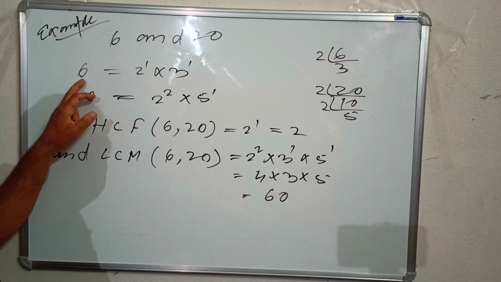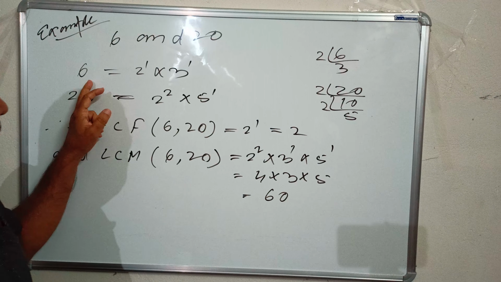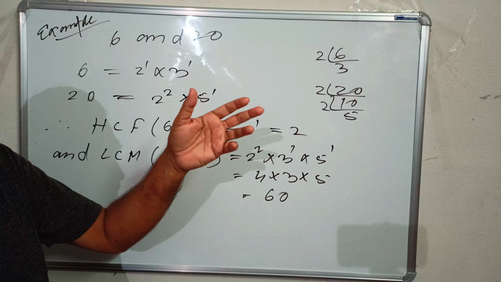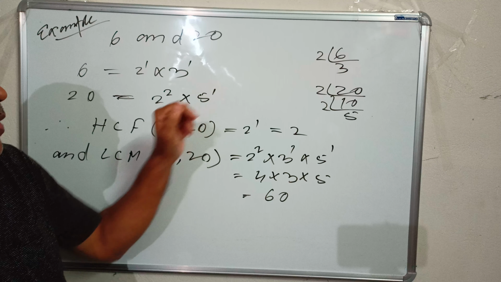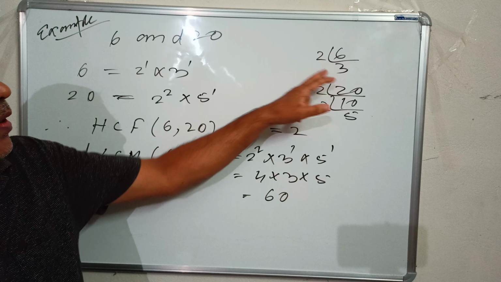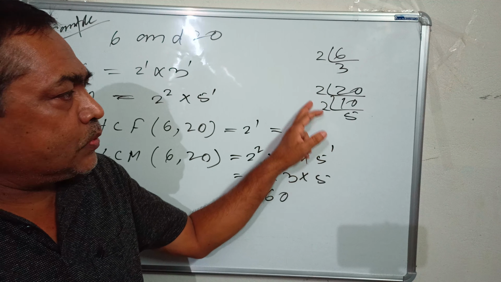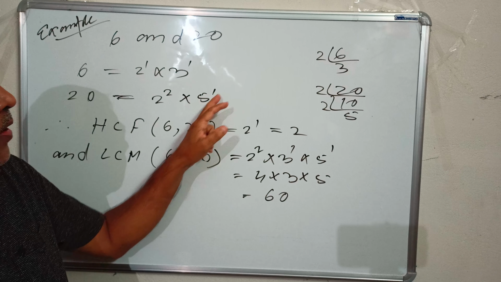Then express each number as a product of primes with powers. Power here means how many times they come. In 6, 2 comes 1 time, so the power is 1, and 3 comes 1 time, so the power is 1. In 20, 2 comes 2 times, so the power is 2, but 5 comes 1 time, so the power is 1.